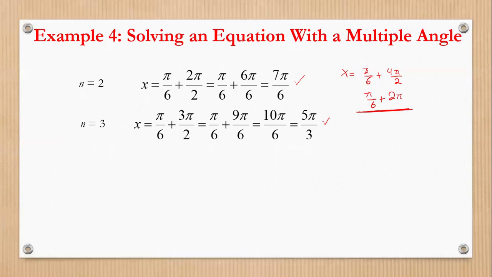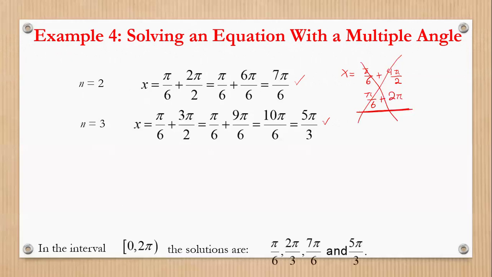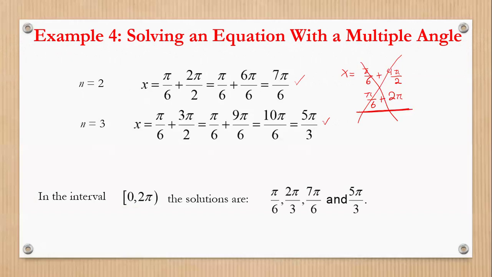So you don't need to keep replacing numbers for n, and you are done. You have 4 solutions for this equation from 0 to 2 pi, which you found: pi over 6, 2 pi over 3, 7 pi over 6, and 5 pi over 3.